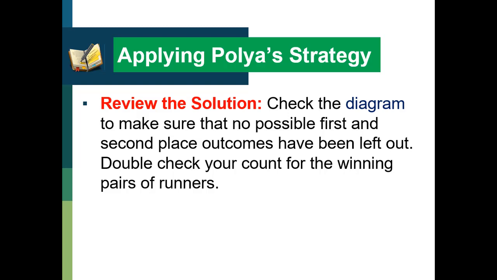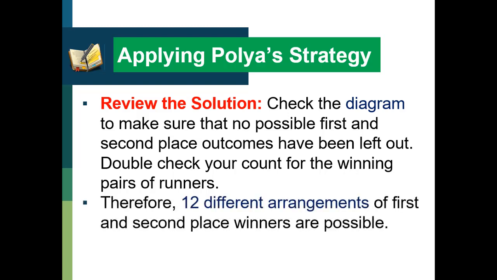There are no duplications, and there's no possible order that has been left out. Hence, there are 12 different arrangements of first and second place winners that are possible. The problem is now solved.